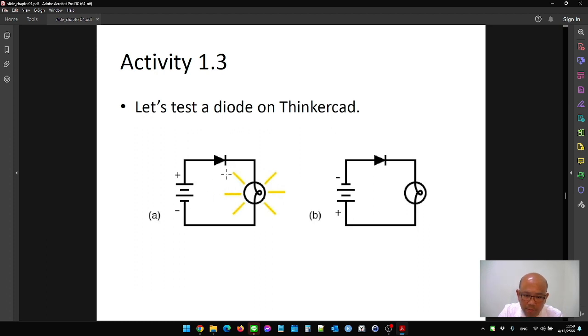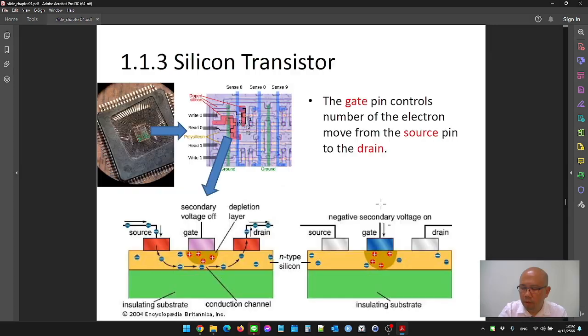This generates brightness, conducting. But when I reverse the supply voltage, negative to the anode, it is not connected, not conducting.